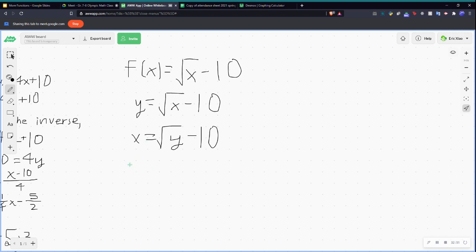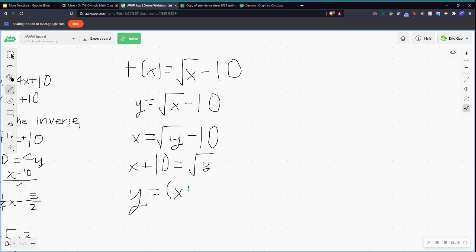I'm going to just move the 10 to the side where the x is. So we get x plus 10 is equal to the square root of y. And now to get y by itself, you just square both sides. We don't care about the plus or minus anymore because squaring it just makes it positive anyways.